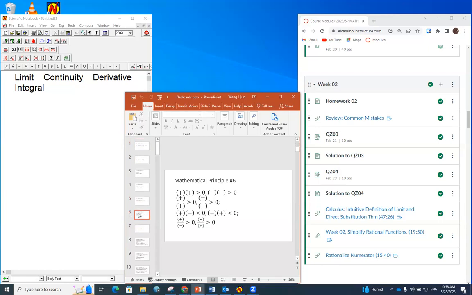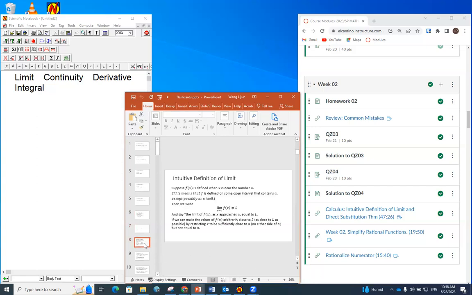We started with the six principles, and then it's about limit. For limit, we have a definition, and the concept of limit comes with a definition. The definition describes what that notation implies when you put it in front of a function.